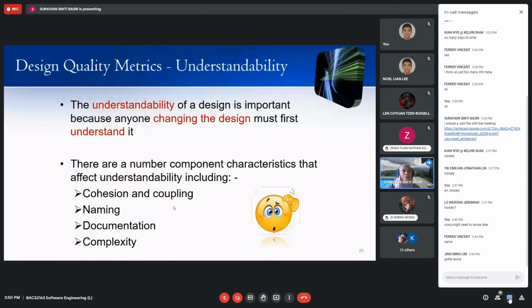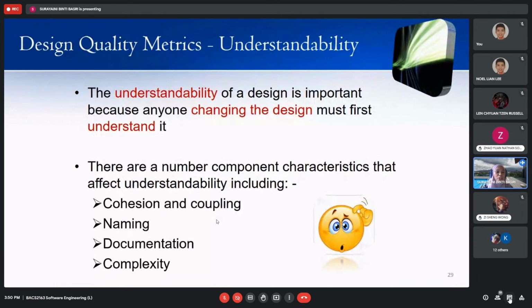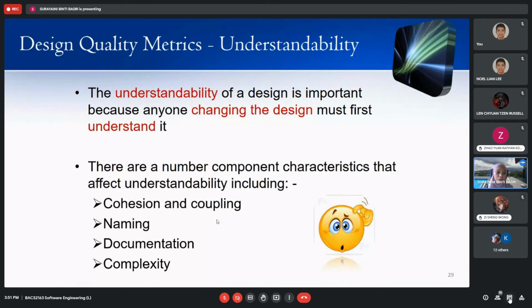Besides that, you also need to make sure your documentation is free from anomalies and missing important information. It should be consistent. If you all remember, we learned about errors in documentation that we need to validate. All of that needs to be taken into consideration when we are doing the documentation.